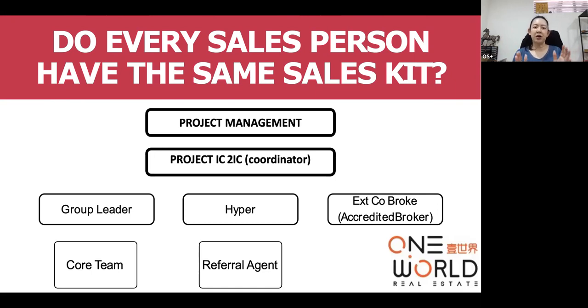Therefore, you need to learn leadership skills, and also a lot of different skills to enhance your closing skill. Then from core team, you evolve yourself to become a group leader. Then you work with referral agents or hypers, who are not core team in the project, to work with more co-broke agents.